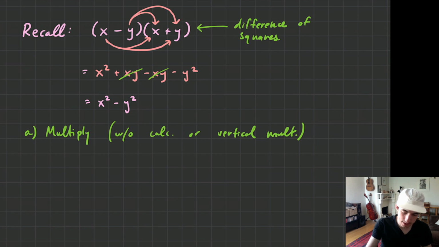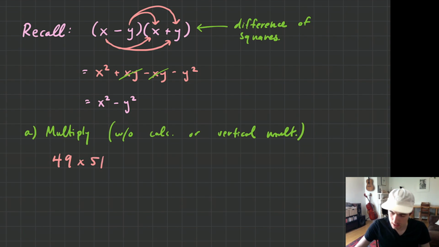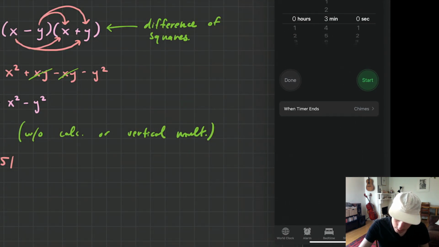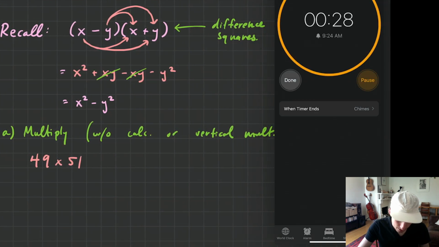See if you can use this trick, how these two things are equal, to multiply 49 times 51. Okay, I'm going to give you 30 seconds. A quick 30 seconds to multiply 49 by 51.